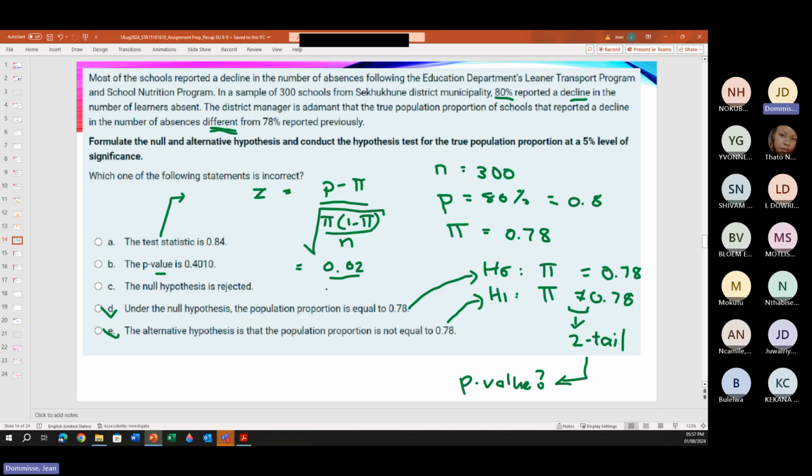So I get something like 0.024. And if I then divide that, rounded off, we get 0.84. Okay, so I get that the t-stat is 0.84.